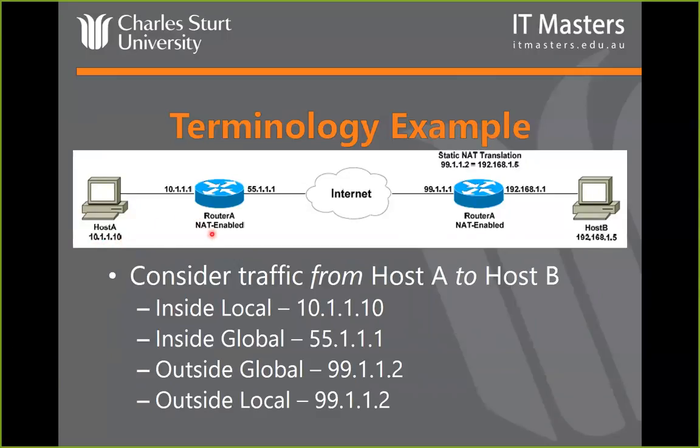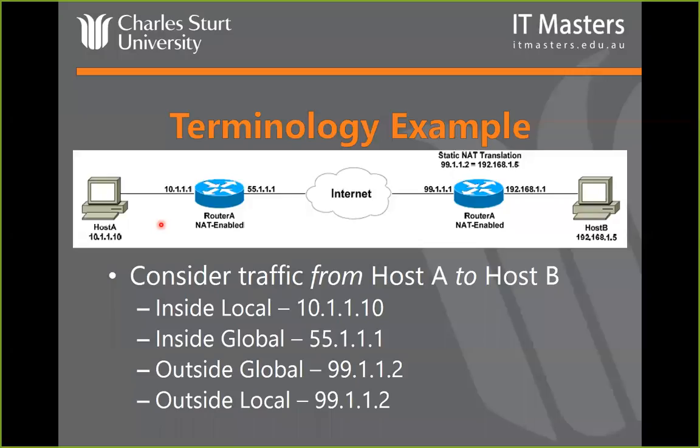We have a router A, which is NAT enabled. We have the internet. We have another router over here, which should actually be router B. It's also NAT enabled. And on this router over here, we have a static NAT translation, which statically NATs the address 99.1.1.2 to the internal address of 192.168.1.5, which is host B over here.